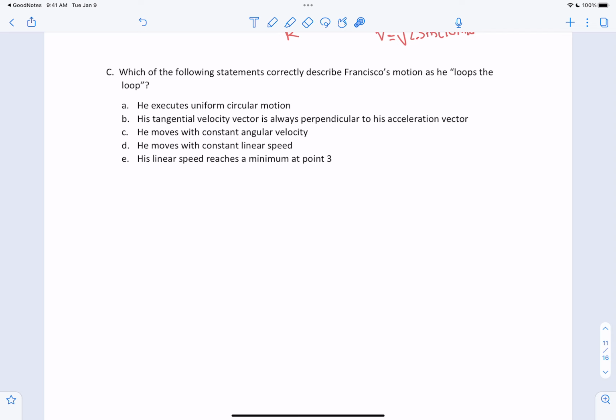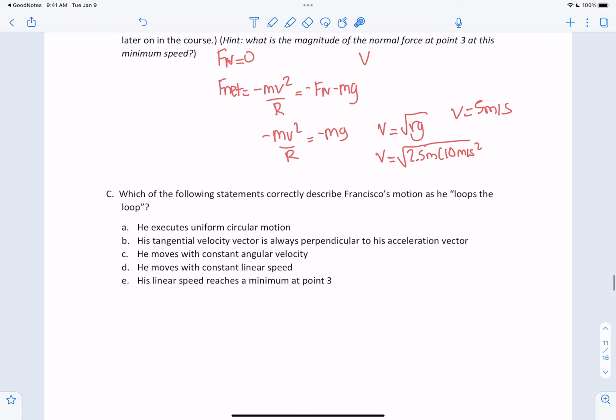He'll be slowing down on the way up, speeding up on the way down. And so we can eliminate that he moves at a constant linear speed. But we know from part B that his linear speed reaches a minimum at 0.3. So that should be the one that you have here.